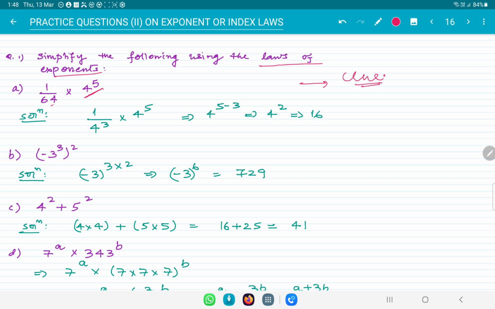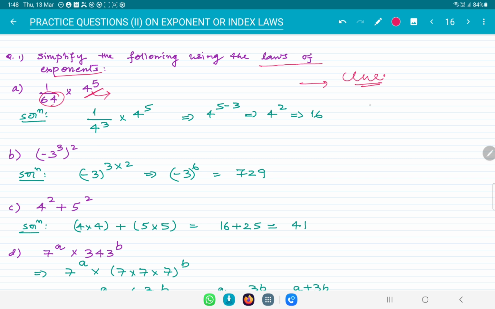Which type of clue? Here you are seeing that in the numerator the base is 4. So the clue is that 64 should be written in the base of 4.